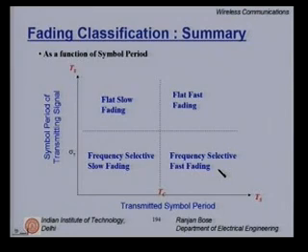Since the coherence bandwidth and coherence time are orthogonal and independent, have nothing to do with each other or influence each other, I can have a combination of flat fading versus frequency selective fading, slow fading versus fast fading, and choose a combination thereof.